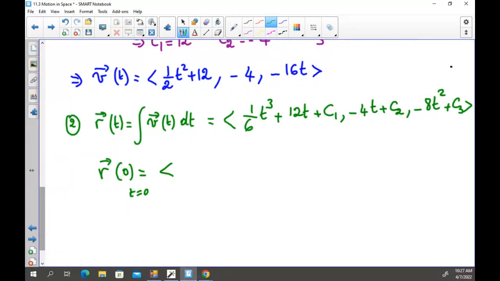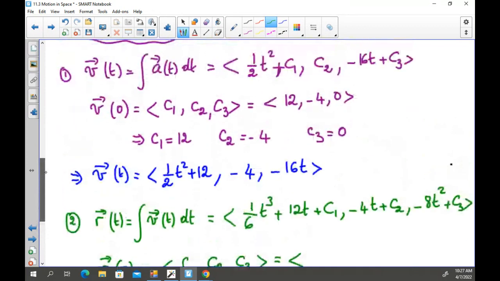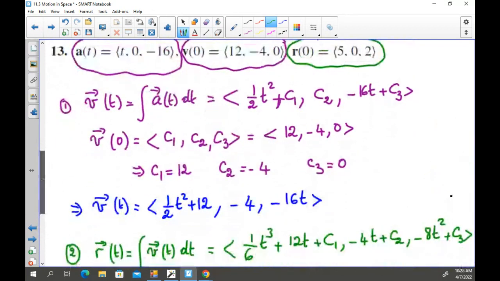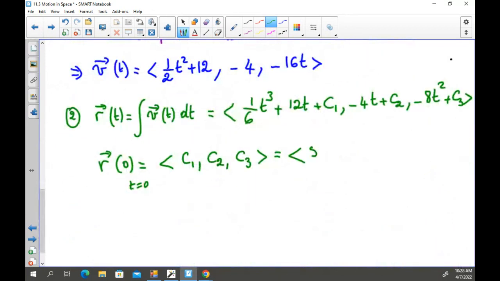So it's going to be C1, C2, and C3, and this is equal to 5, 0, 2.